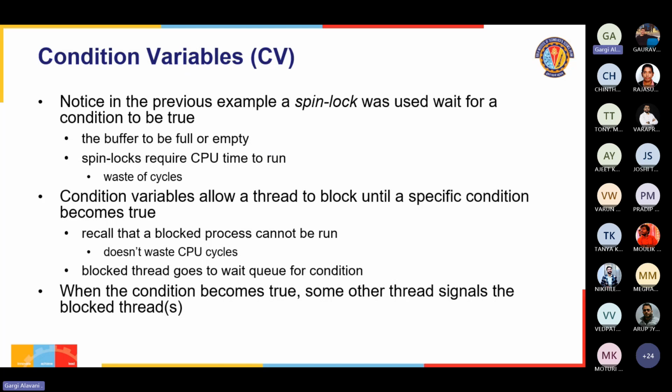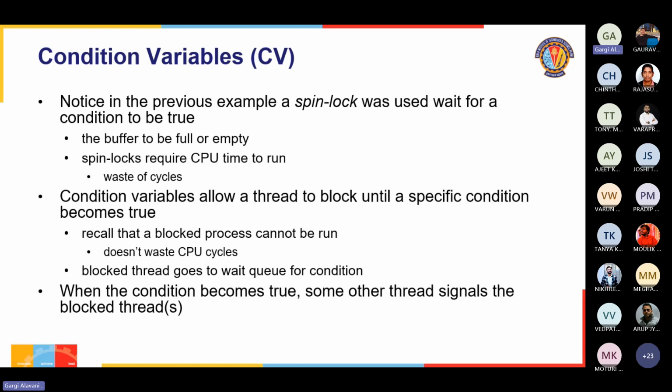Okay? There is a reason why using condition variables helps over a mutex: the spin lock that we use in the mutex might require CPU time to run. It might waste a few CPU cycles.